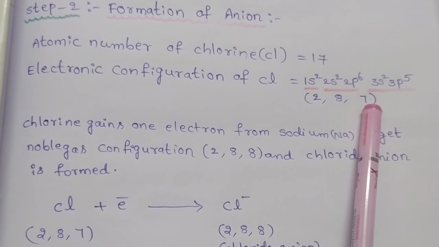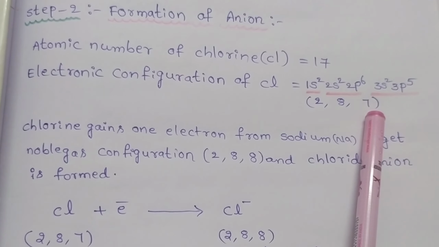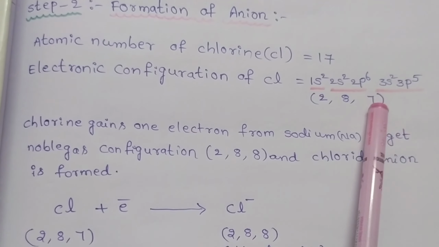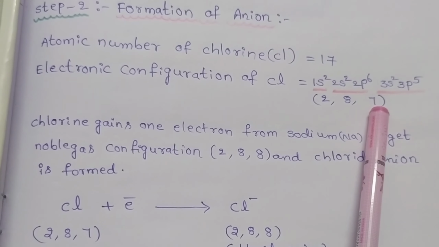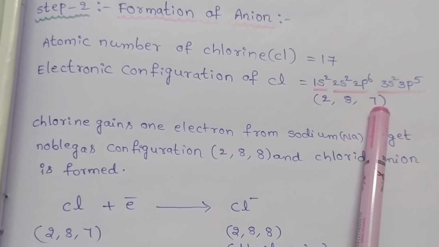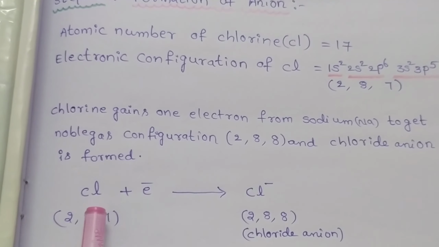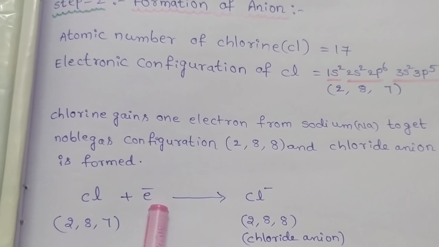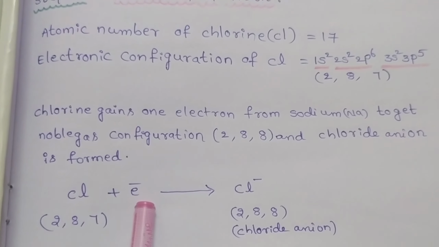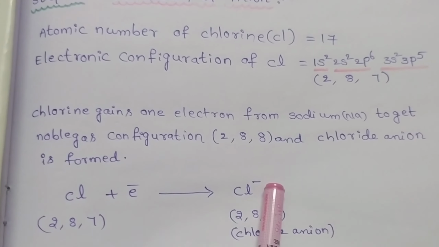According to the octet rule, this chlorine atom will become more stable by gaining 1 electron from another element, here from the sodium element. So the chlorine will gain one electron which is lost by the sodium atom, and that will be converted to a Cl minus ion.